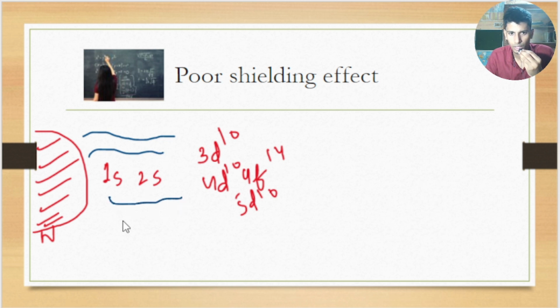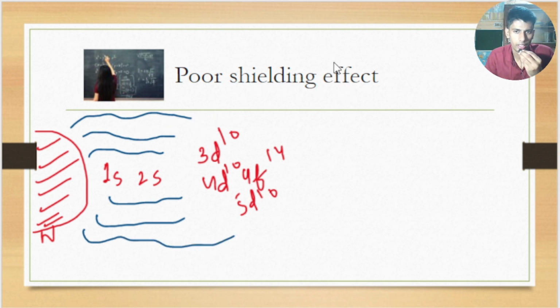This is basically the force of attraction which the protons exert on the electrons. So what is the poor shielding effect? Shielding means screening or stopping something which is coming from in front or from anywhere.